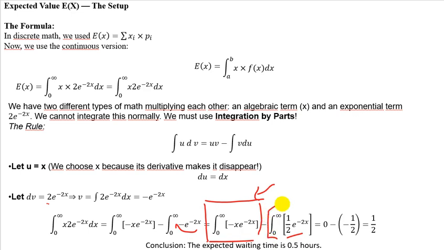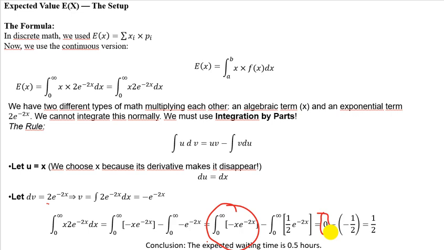Now let's replace the x here by the upper limit, minus, then we replace it with the lower limit. For the first part, when we replace x by infinity minus we replace x by 0, we get 0.